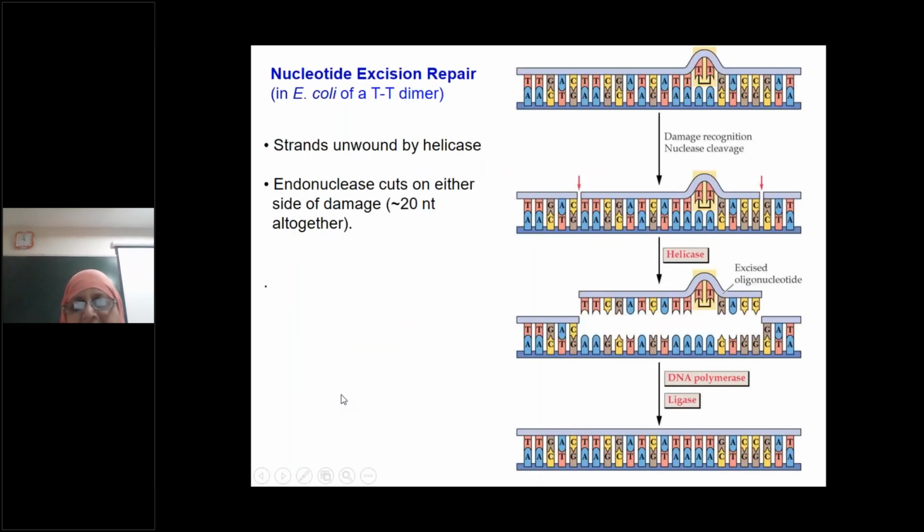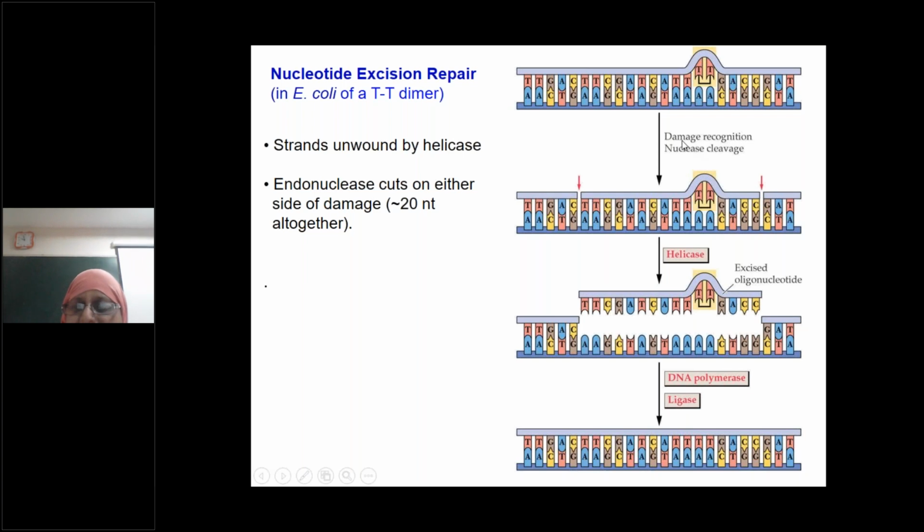Here is an example of nucleotide excision repair in E. coli, where a pyrimidine dimer, a thymine dimer, is formed over here.